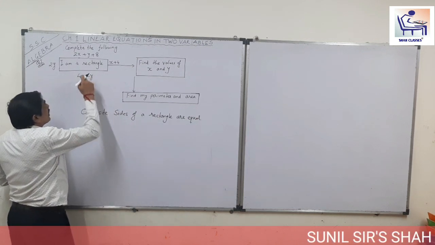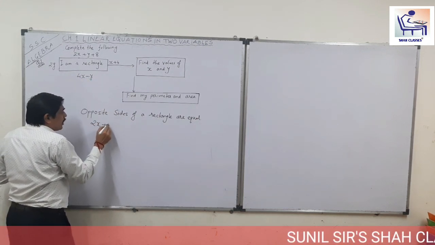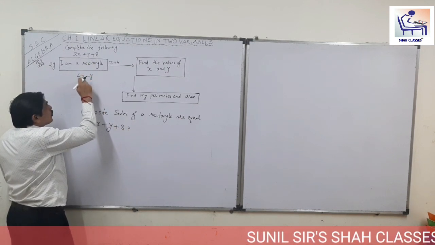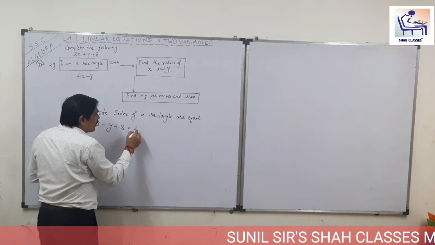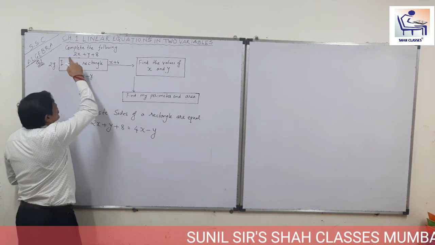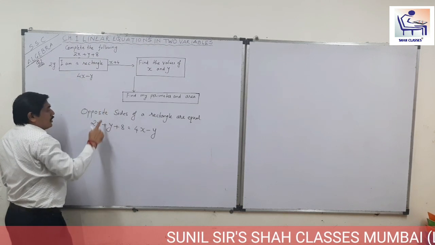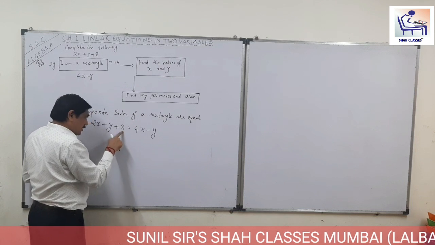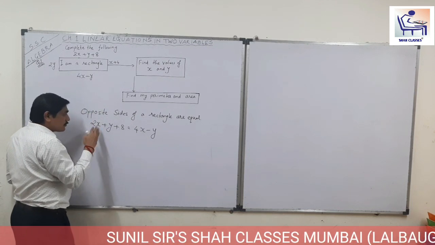So we can say that 2x plus y plus 8 must be equal to 4x minus y. These two will be equal to each other because this is one side, this is another side. But opposite sides are equal. So we can say that this is equal to this.